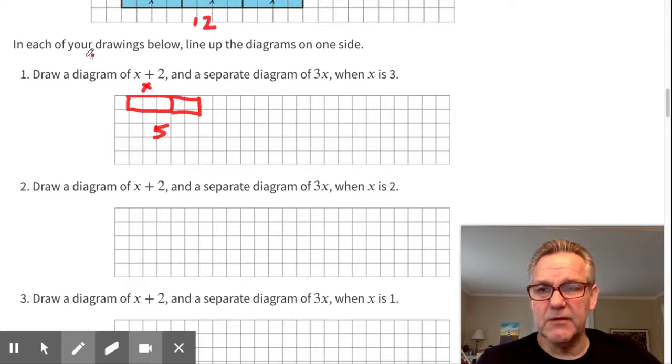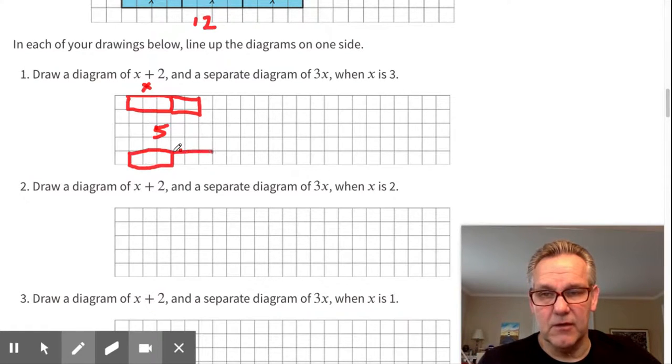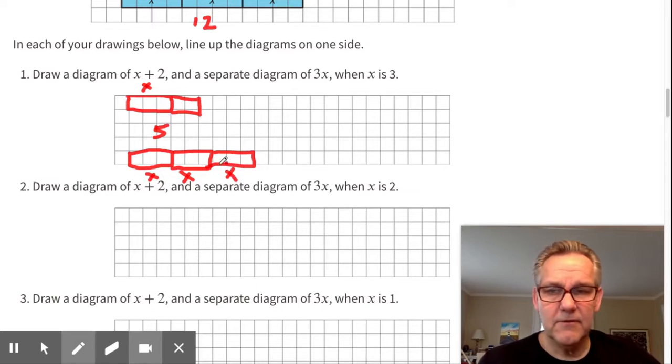And when they say they wanted us to line it up, they meant they wanted us to start it at the same place. So I'm going to start the next one with 3x down here. And remember, x is equal to 3, so I need 3 sections of x, and each time the x is going to be worth 3. So there's that diagram. And the reason they wanted us to do this in this manner is we can see from the diagram, x plus 2, of course, is equal to 7.